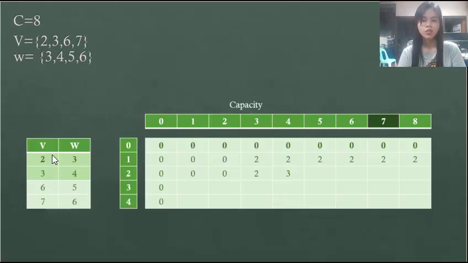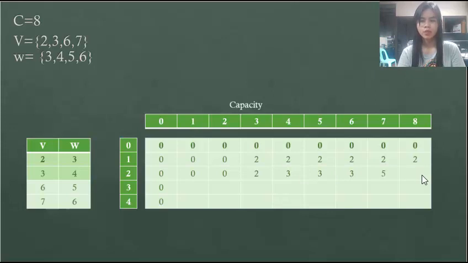The total value of the first and the second item is 5. So we put the 5 there. For the rest of the unfilled capacity, copy from the previous values. For 5 and 6, we copy the 3 from the previous values.